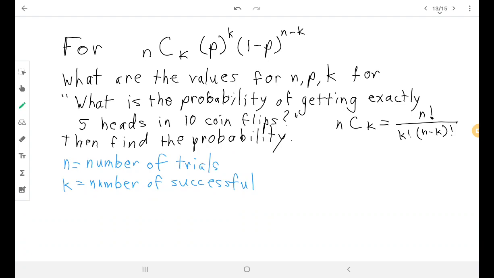And P is the probability of a success. Okay, so let's talk about what each of these are for this specific question.